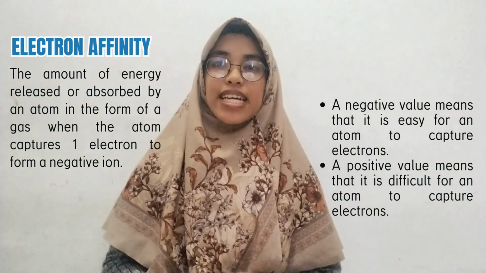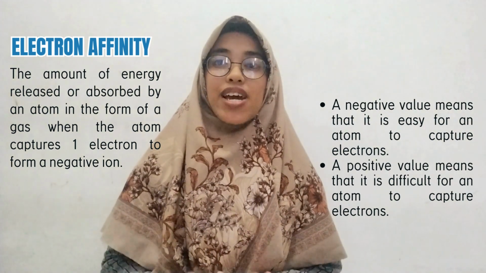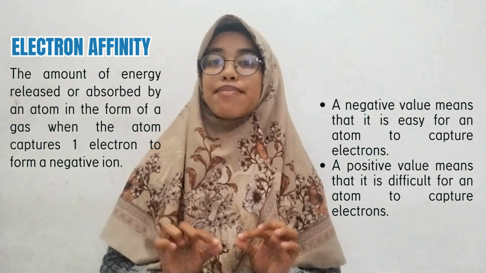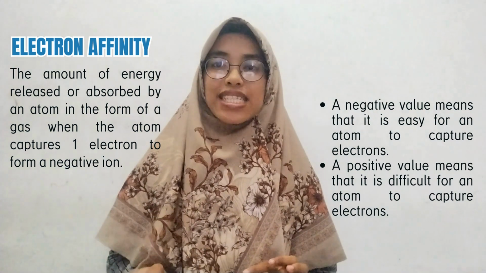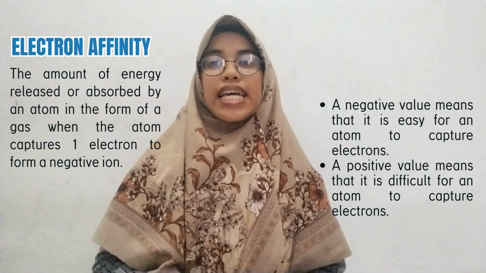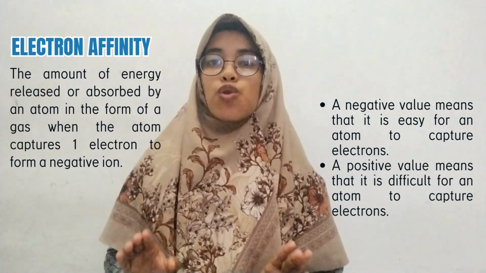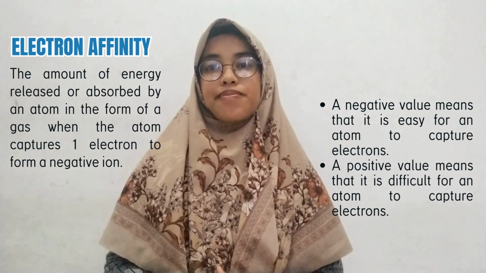Okay, the third is electron affinity. Electron affinity is the amount of energy released or absorbed by a gaseous atom when the atom captures one electron to form a negative ion.